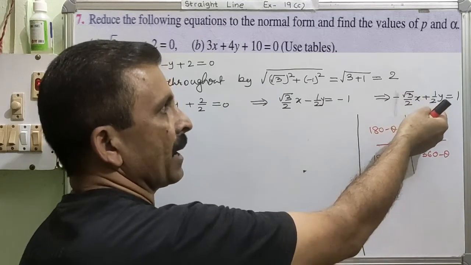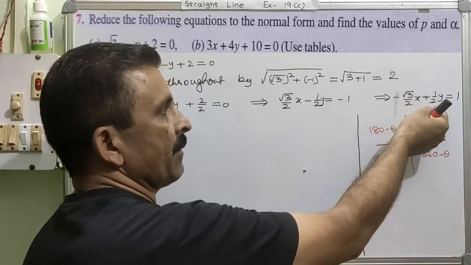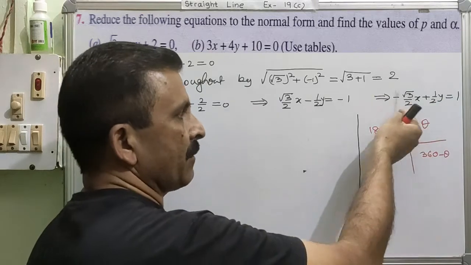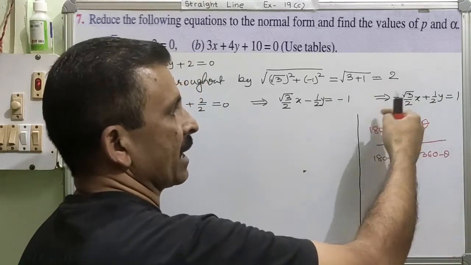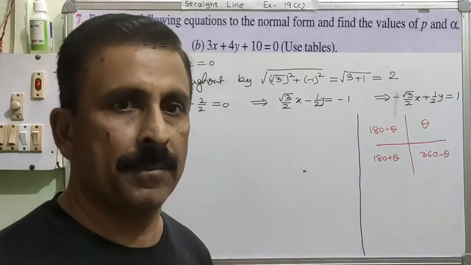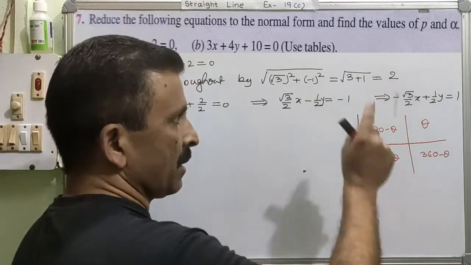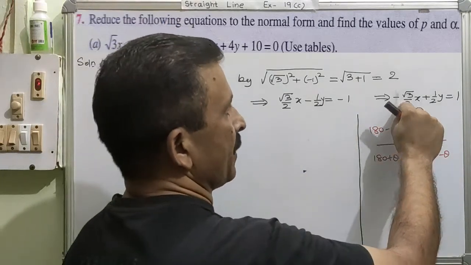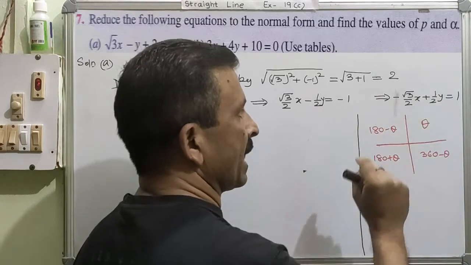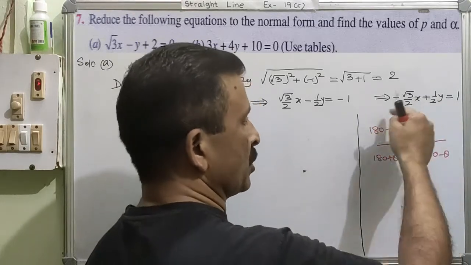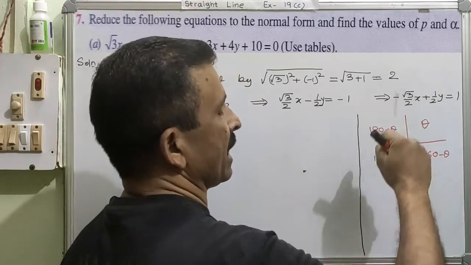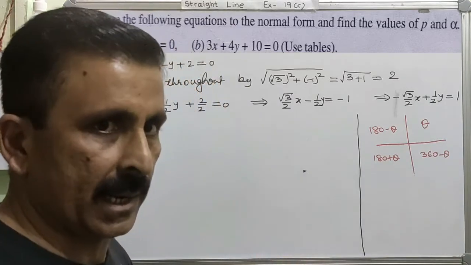So for the angle part, if any one of these two is negative, then without this you will not be able to get the correct measurement of your angle. Am I clear? So again and again I am reminding you, if any of these two or both are negative, in that case you must draw this. With this you will be able to get the measurement of the angle very correctly.